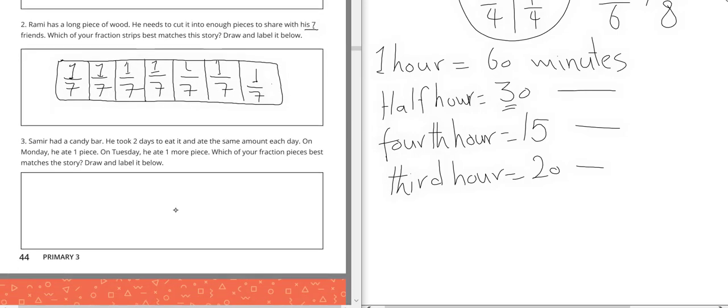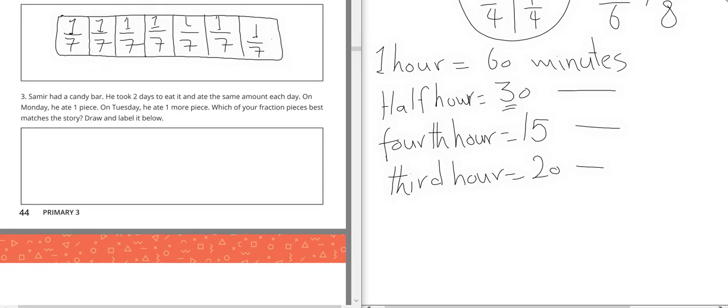Okay, number 3. Samir had a candy bar. He took 2 days to eat it and ate the same amount each day. On Monday, he ate 1 piece. On Tuesday, he ate 1 more piece. Which of your fraction pieces best matches the story? Draw and label it below.